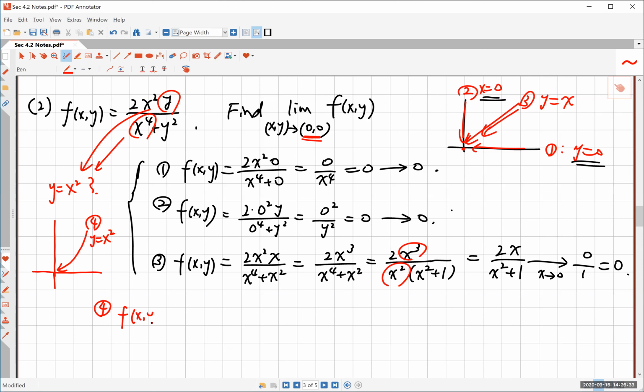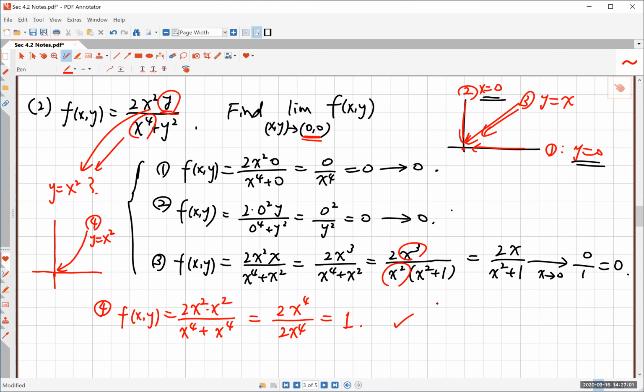So along this path, f of xy is 2x squared, and remember y is now x squared along this path, and then the denominator is x to the fourth plus y squared. That would be x squared squared. Ooh, I think we're getting something. This is 2 times x to the fourth divided by 2 times x to the fourth. That's exactly 1. Yay, right?